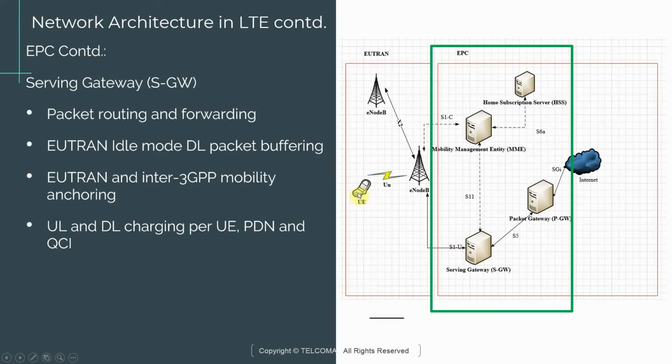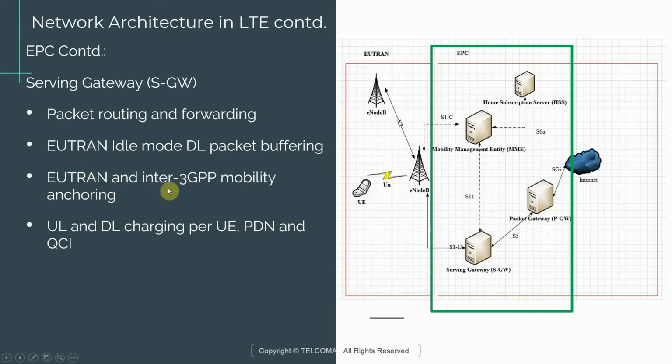And at the instant where this UE successfully hands over to the other eNode B, that data is delivered to that eNode B. So that's what we mean by anchoring, specifically E-UTRAN anchoring.